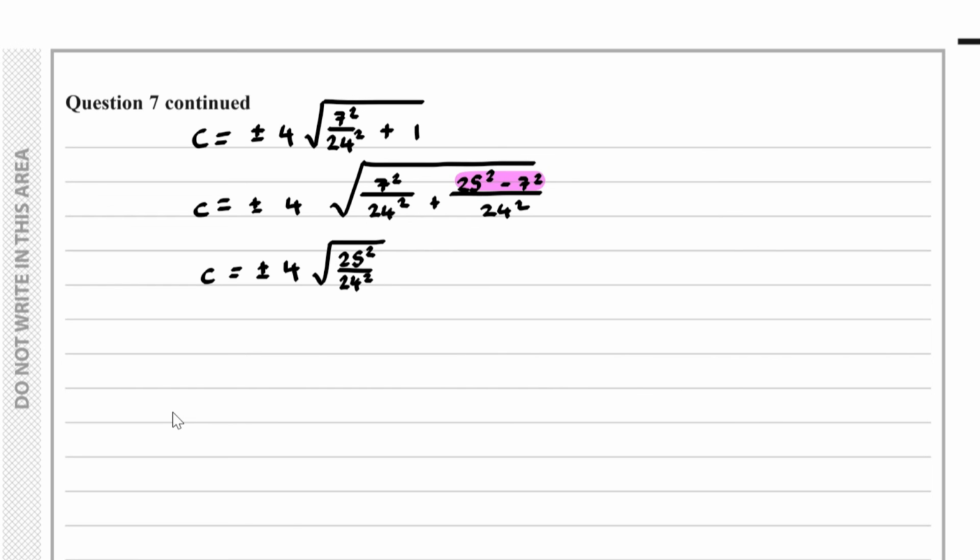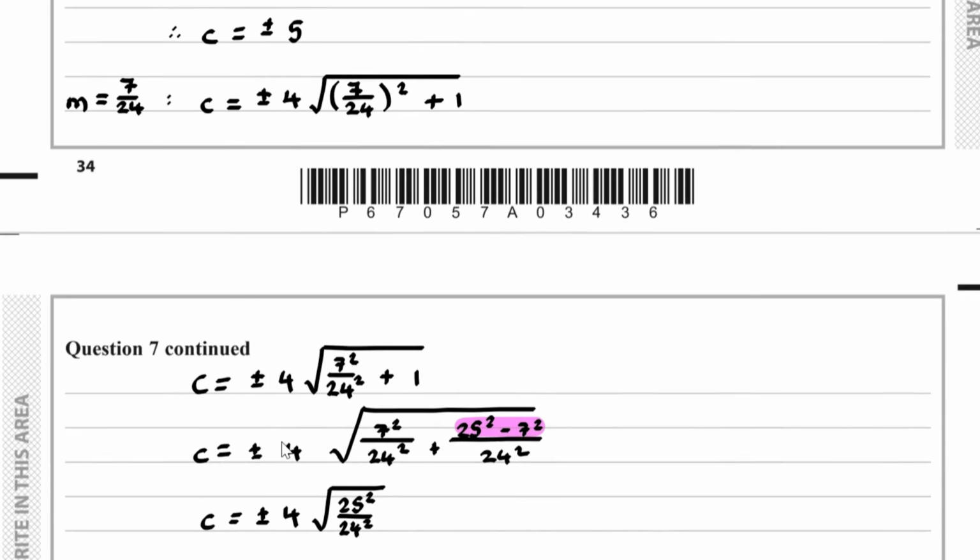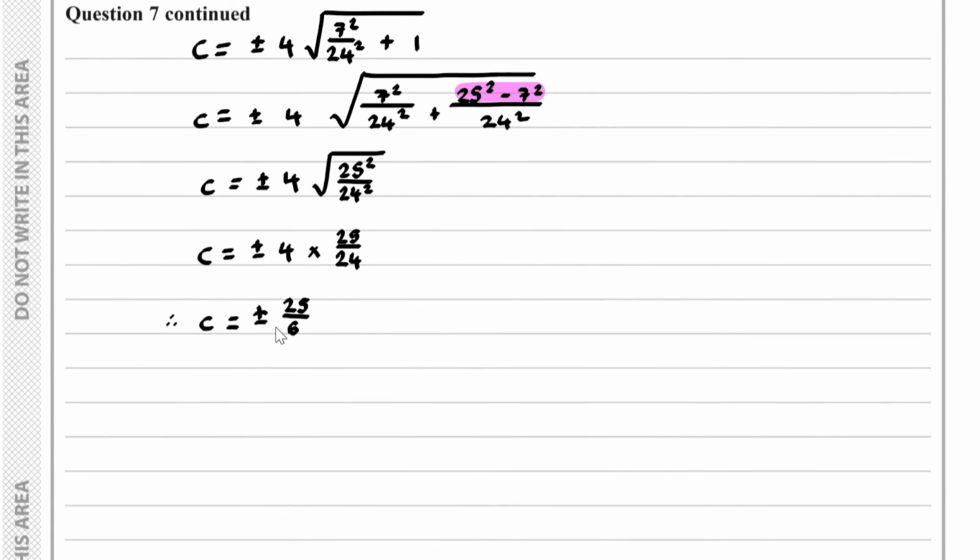Then square rooted. So we've got c equals plus minus 4 times by 25 over 24. So in this case, c is equal to plus minus 25 over 6. Now we've got different values of c. We've got plus minus 5 and we've got plus minus 25 over 6.